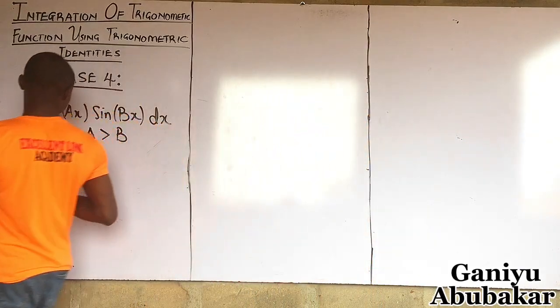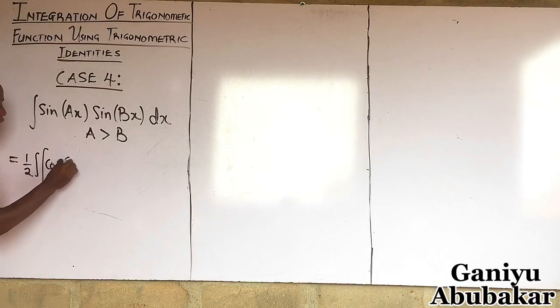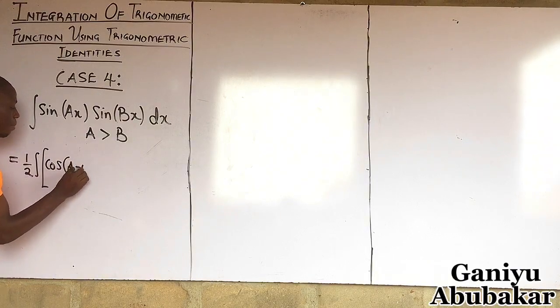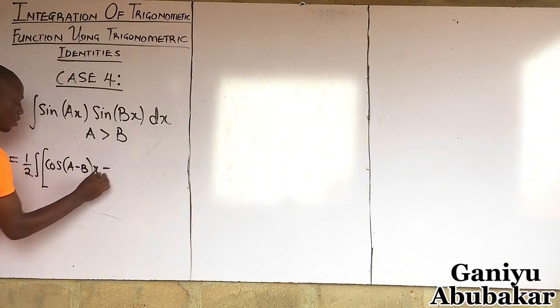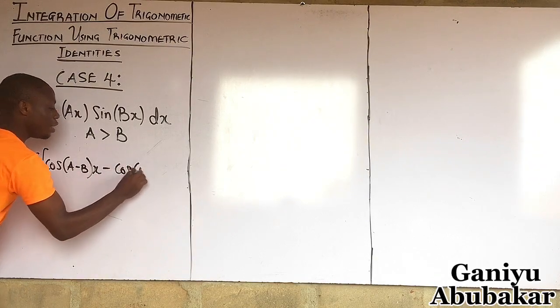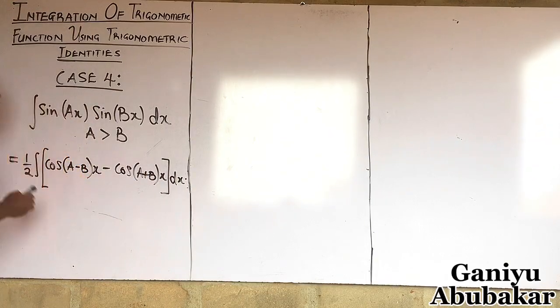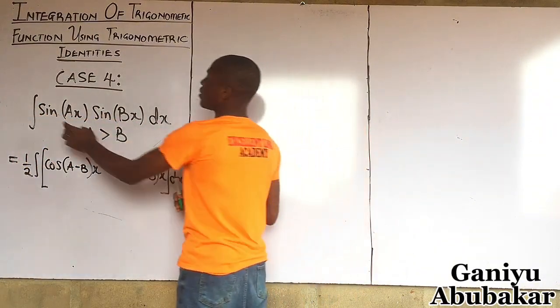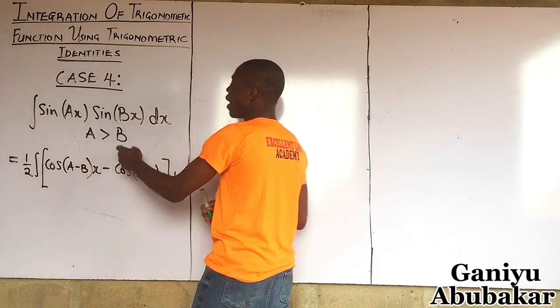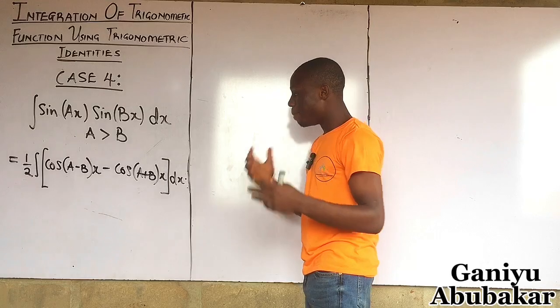It becomes half integral of cos (a minus b) x, minus cos (a plus b) x, with respect to x. So this is the mathematical expression when I have sine of something multiplying sine of another number with respect to x.